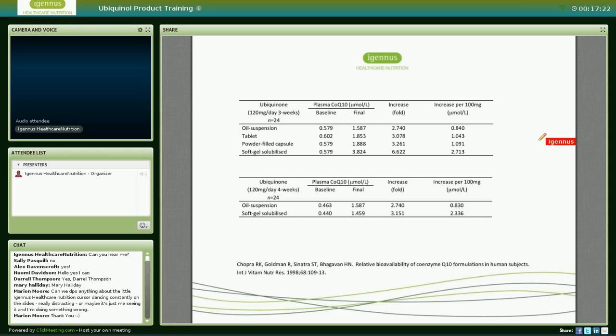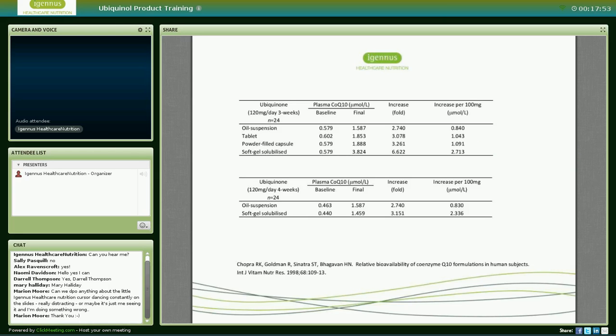And so we can see that with the 3 non-solubilized versions, the soft gel solubilized version was far superior, not only in increased fold, but we would actually expect to see, with increasing bioavailability, an increase per 100 milligrams. And this is exactly what we see. So the soft gel solubilized version was far superior to the non-solubilized versions.